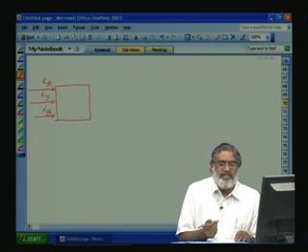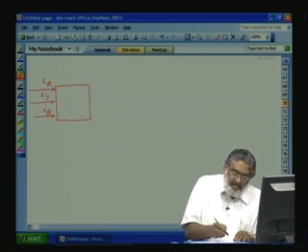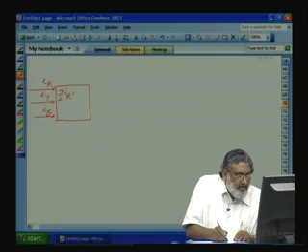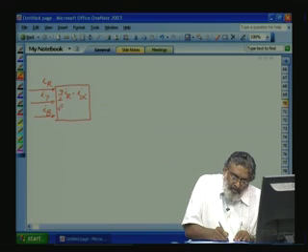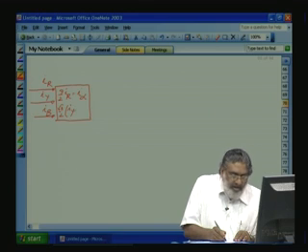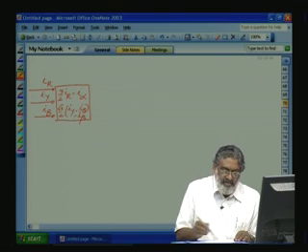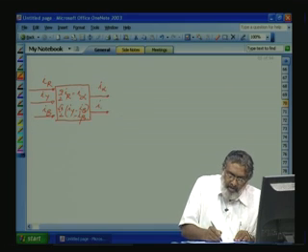Inside the machine, if the field orientation is correct, the model is: 3 by 2 IR is equal to I alpha, and root 3 by 2 into IY minus IB is equal to I beta. So we got I alpha and I beta.